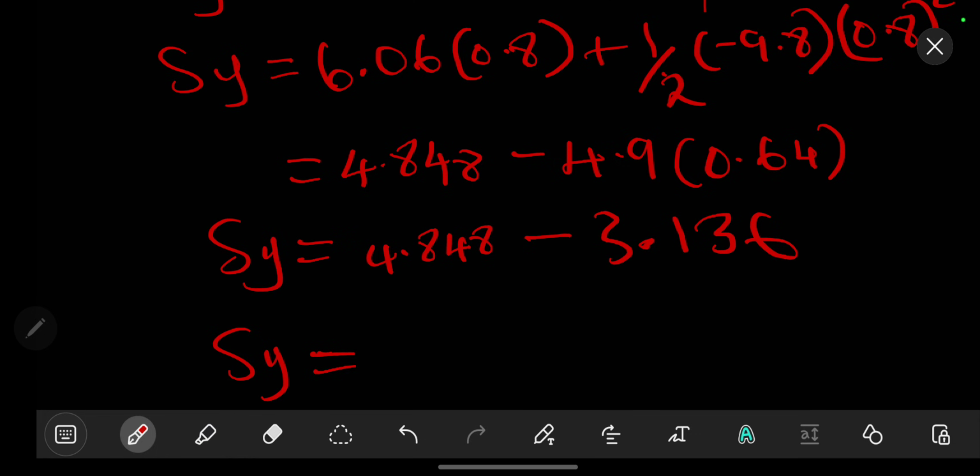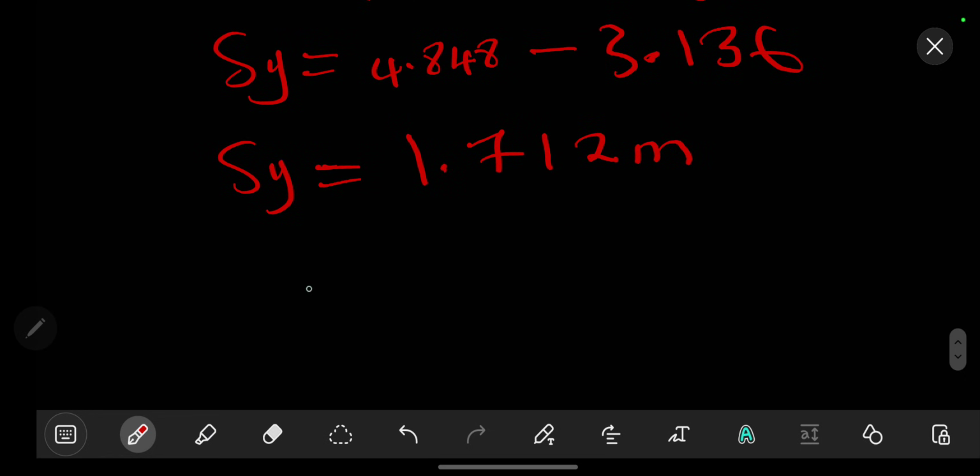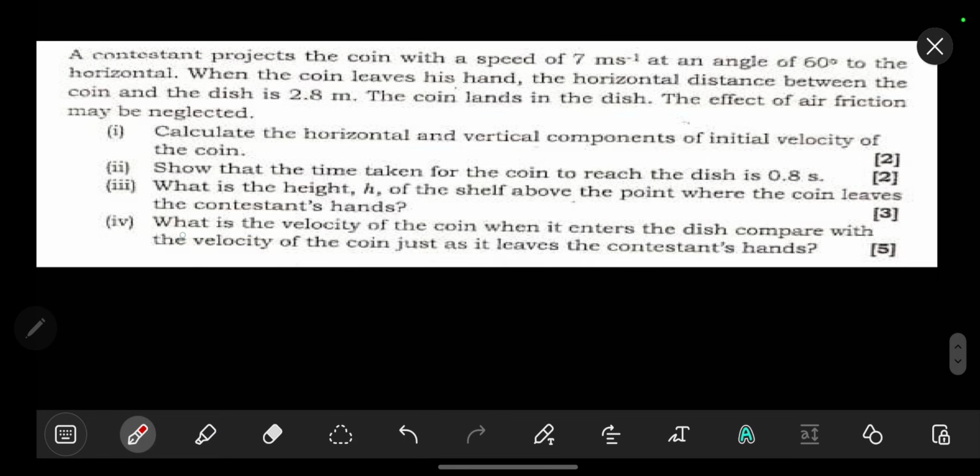Then when we subtract 3.136, we get 1.712. This is the height that it gains in that time. So that means our h is equal to 1.712 meters.